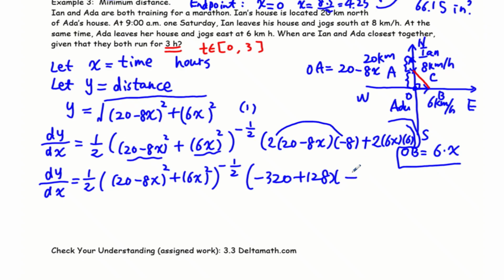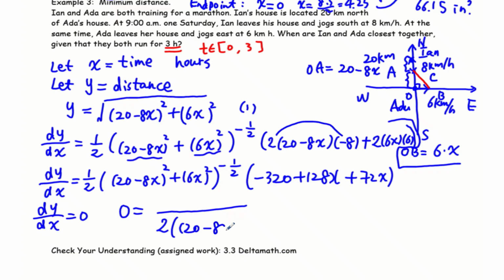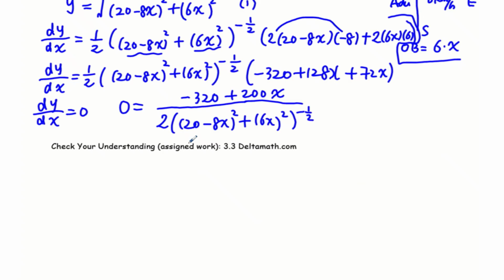Then times this one is 72x. So dy over dx equals 0. Then this is the denominator. So 0 equals 2 times ((20 minus 8x) squared plus (6x) squared) to the power 1 over 2. Then the top is negative 320 plus 200x.